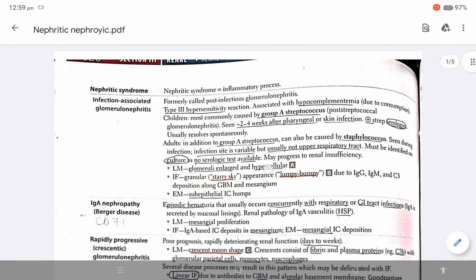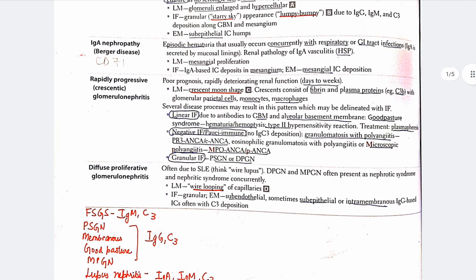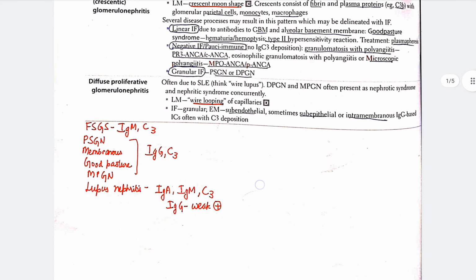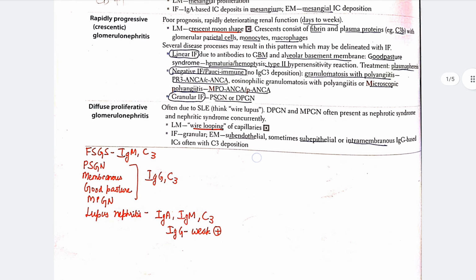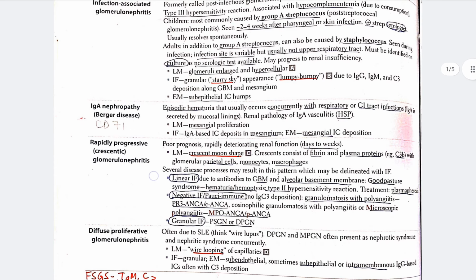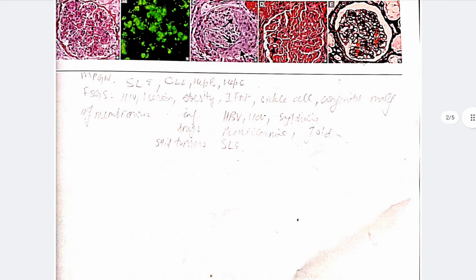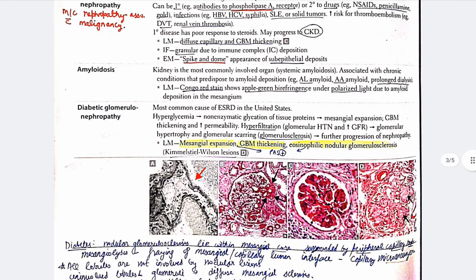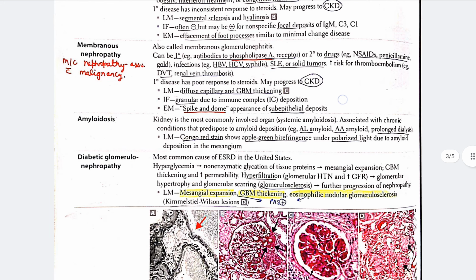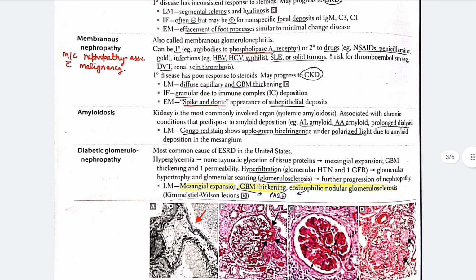Then we studied them in the RPGN, and now we are studying them here in the membranous. Spike and dome appearance. Okay, spikes and domes are there in the membranous.